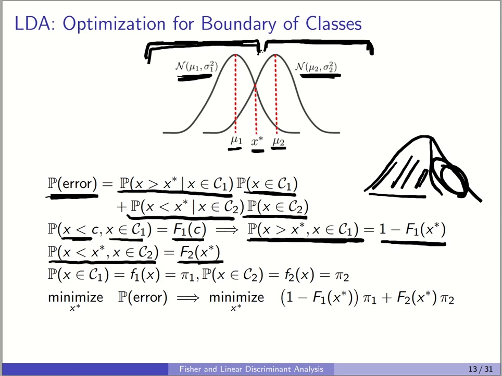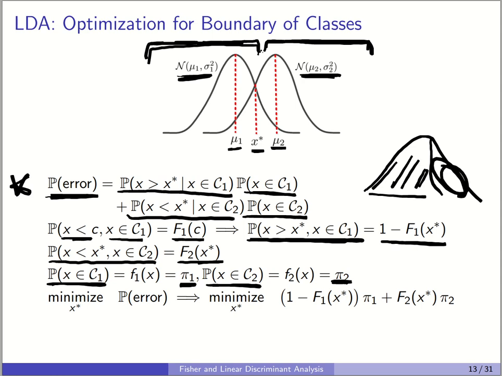Then let's replace these in this formula. But before that, let me tell you about the prior: if x is in class 1, we denote the prior by pi 1. The prior that x is in class 2, we denote by pi 2.